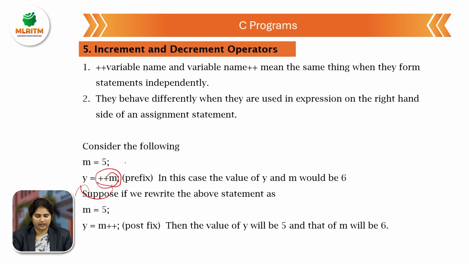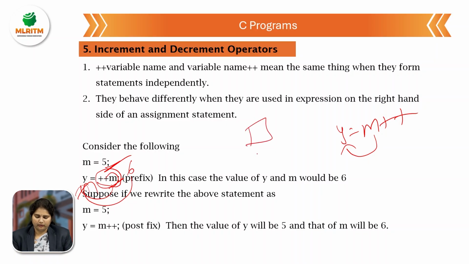Actually m is 5 and now m is 6, and 6 is assigned to y. This is pre-increment. When we write post-increment, m plus plus, it means first the m value will be assigned to y. After that the m value will be increased by 1.